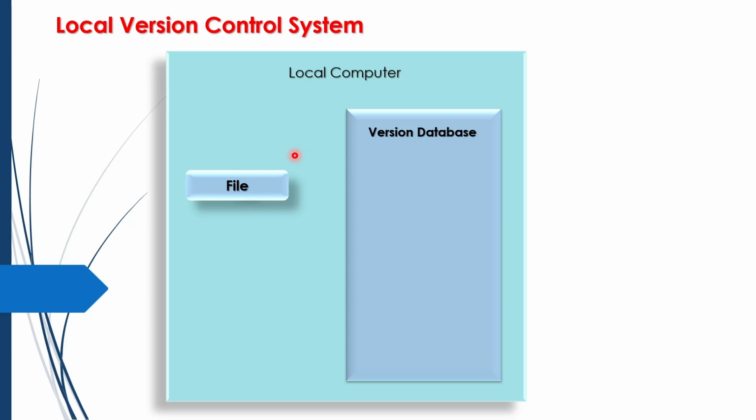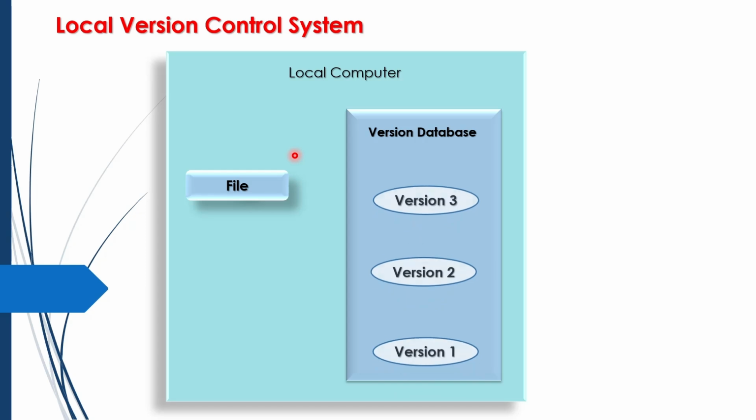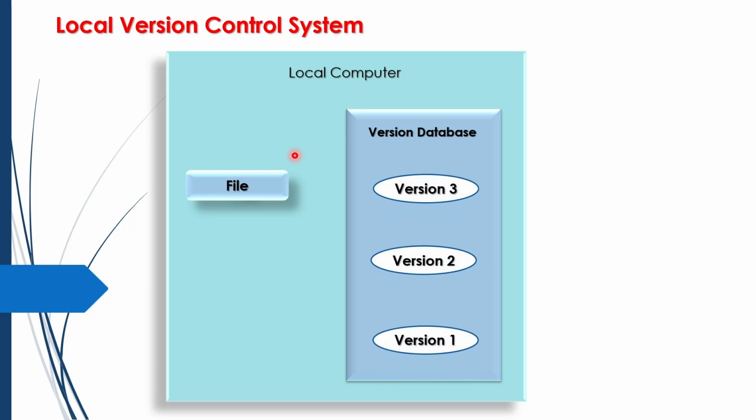In that version database, you will have different versions of your file, and they are also connected to each other. Means if you want to roll back version 2 to version 1, or upgrade version 2 to version 3, or downgrade version 3 to version 2, you will have that feature in your local version control system also.